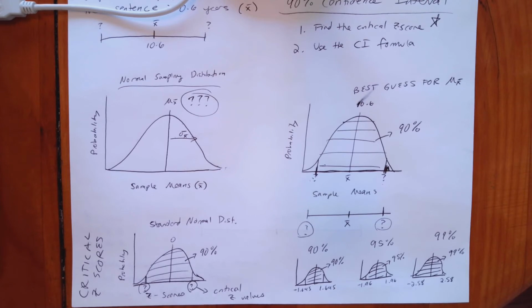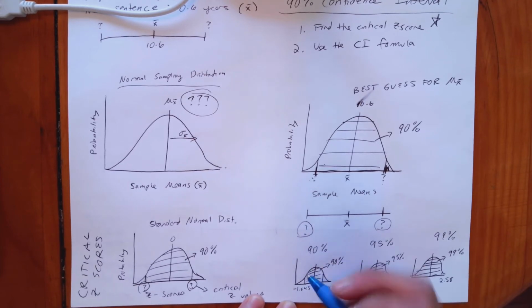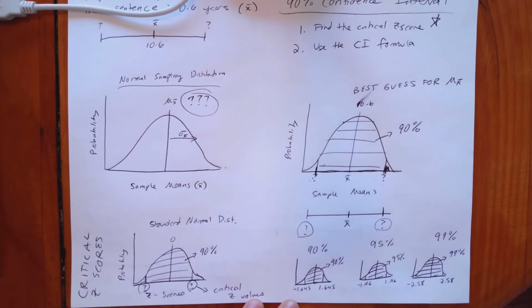So the critical z-score are the z-values that include whatever area under the curve you are interested in based on your confidence level. So if you have a 90% confidence interval, you know for sure that your critical z-values are always going to be plus or minus 1.645.